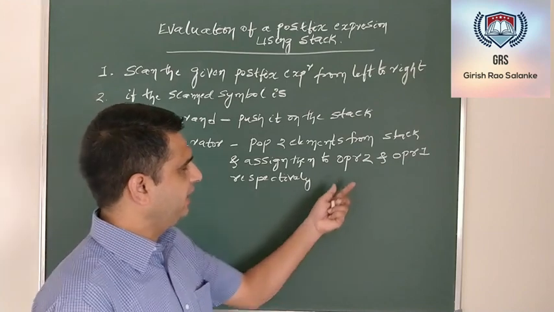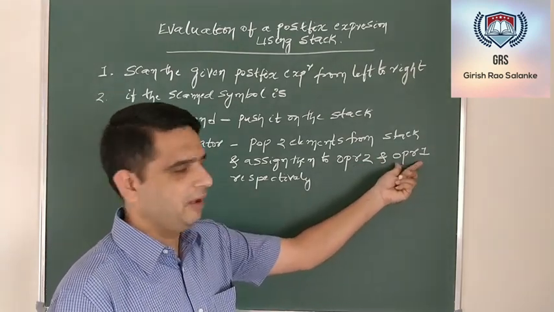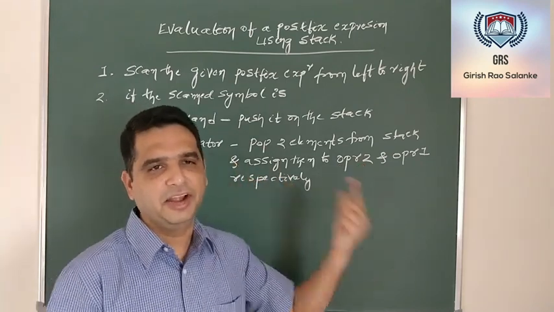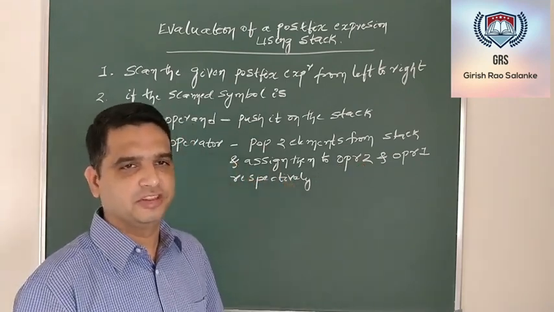Note why I am writing operand 2 and operand 1: I am first taking operand 2. This will be very clear when we take an example to evaluate the postfix expression.